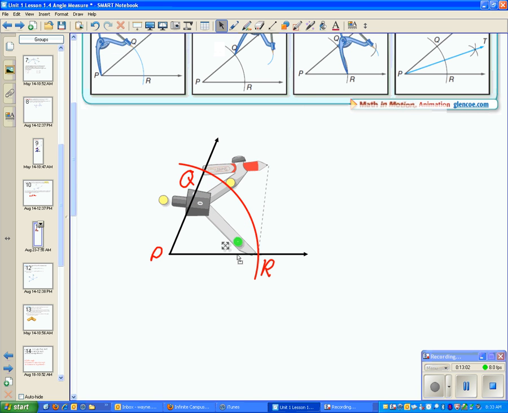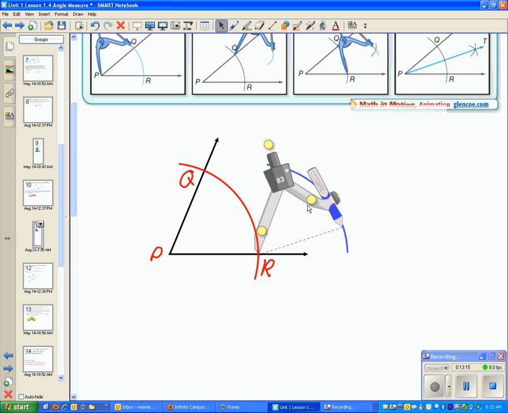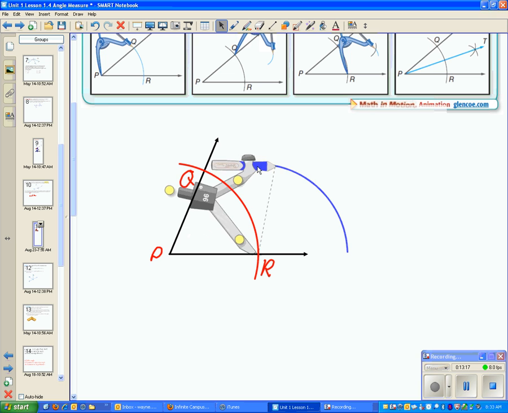Now put the point at R where the arc intersects one side of the angle, and I'm going to make an arc in the interior of our angle, just a big old arc, because I'm going to make another one that intersects it. It actually doesn't really matter, but since it usually does matter, we'll just keep it the same length.